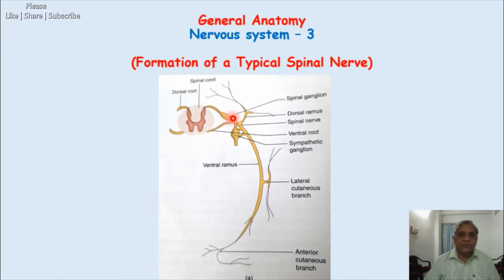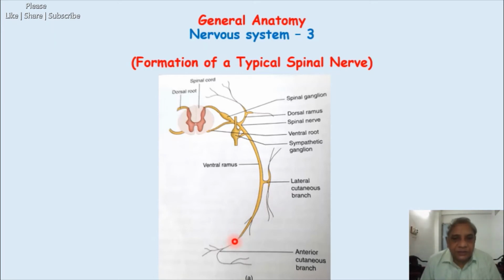Then the dorsal and ventral roots will unite to form a trunk, and this trunk will divide into two. One of its branches will go posteriorly on the back side, while a larger branch, which is called the ventral ramus, will come onto the ventral aspect.